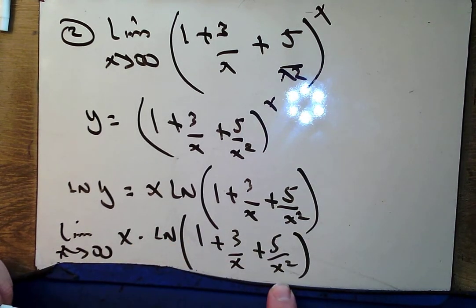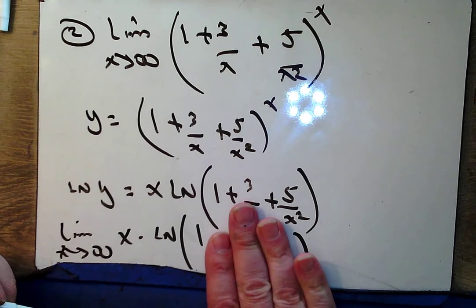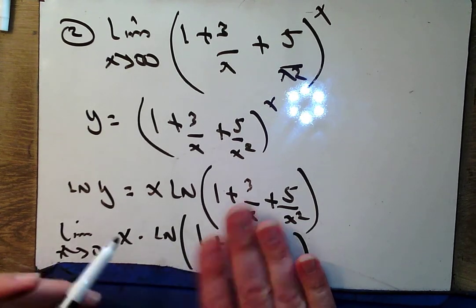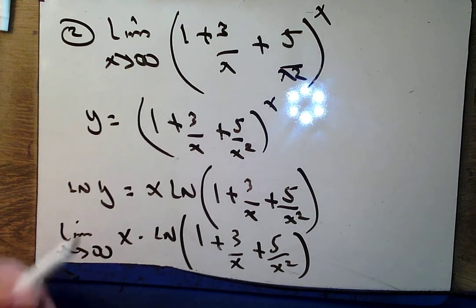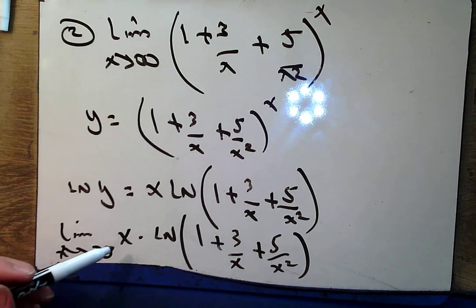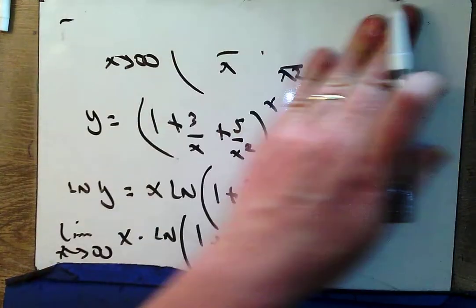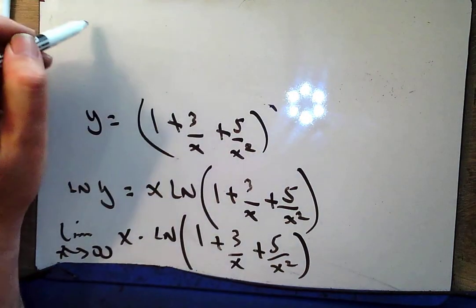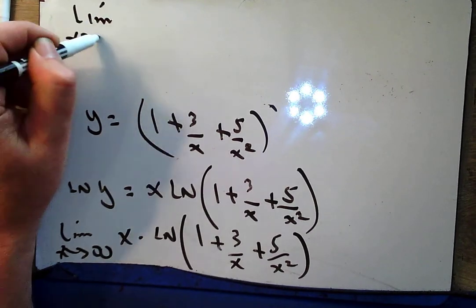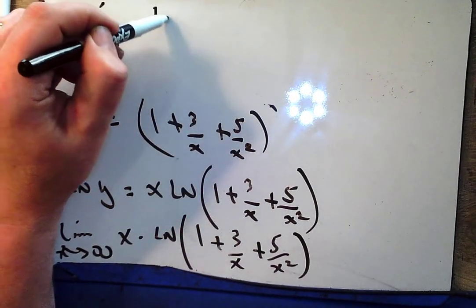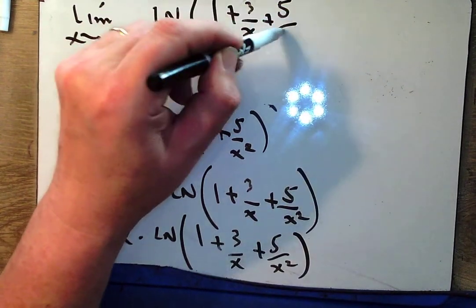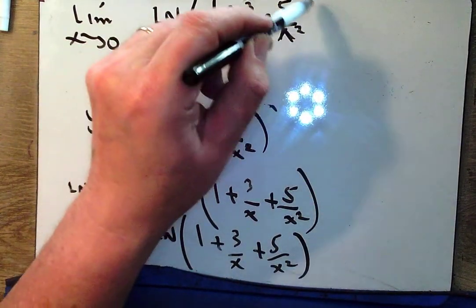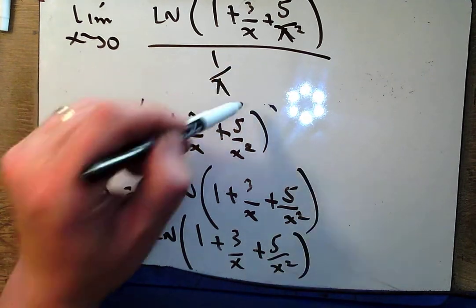When I plug my infinities into these places, these turn into 0. ln of 1 is 0, 0 times infinity. And in that 0 times infinity situation, we're going to throw one of them into the denominator. Okay, so now I've got the limit as x heads to infinity of ln (1 plus 3 over x plus 5 over x squared) over 1 over x.